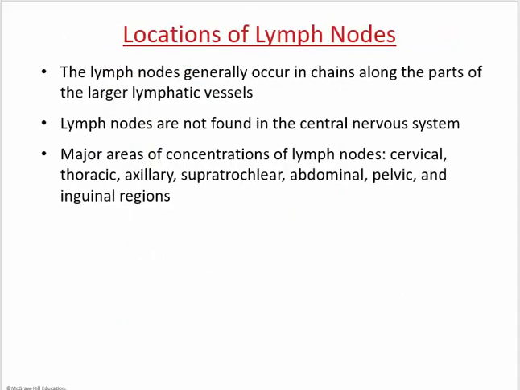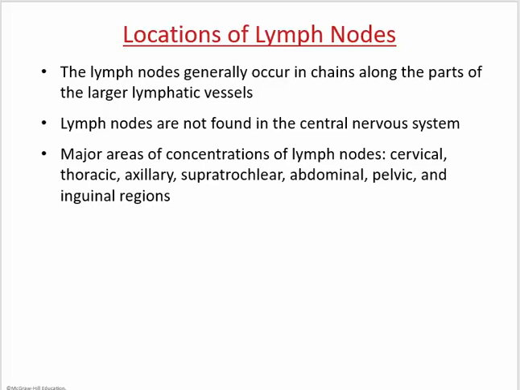Okay, like I've already said, the lymph nodes are found in chains, near the roots of the limbs. There are concentrations of them in the cervical region, in the thoracic region, in the armpit, the axillary region, in your abdomen, in your pelvis.